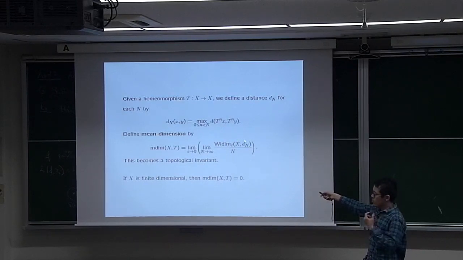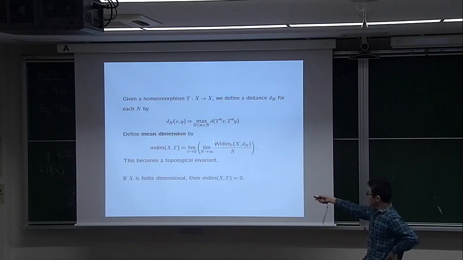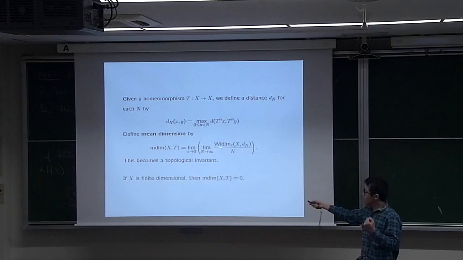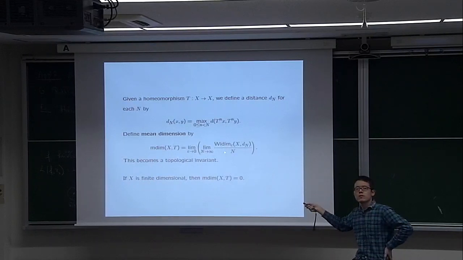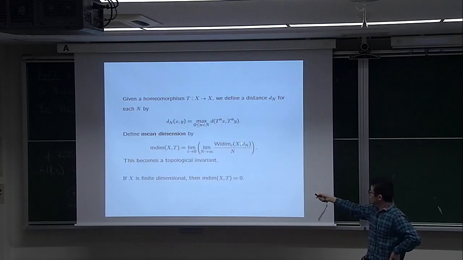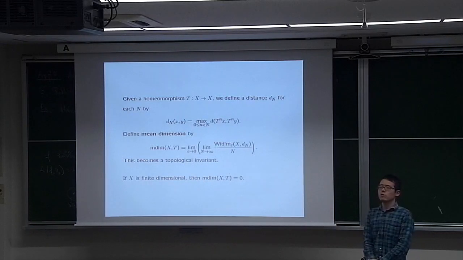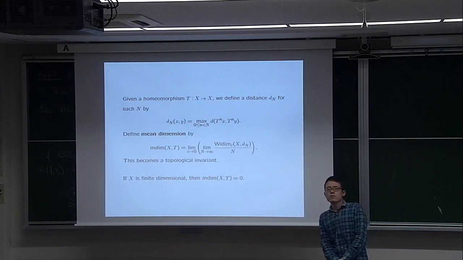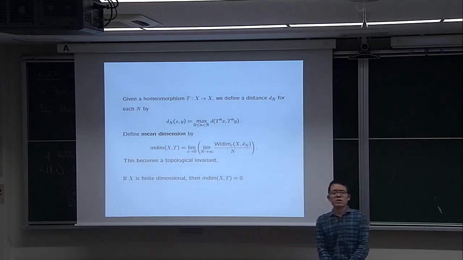We want to know the linear growth rate of this number with respect to n, and take the limit. And next, take the limit with respect to epsilon. We can check that this limit always exists, and this becomes a topological invariant. This definition uses a distance d, but the limit value is independent of the choice of distance. This is called mean dimension.